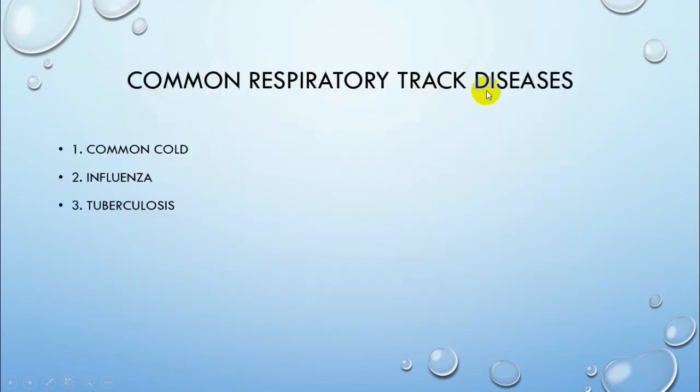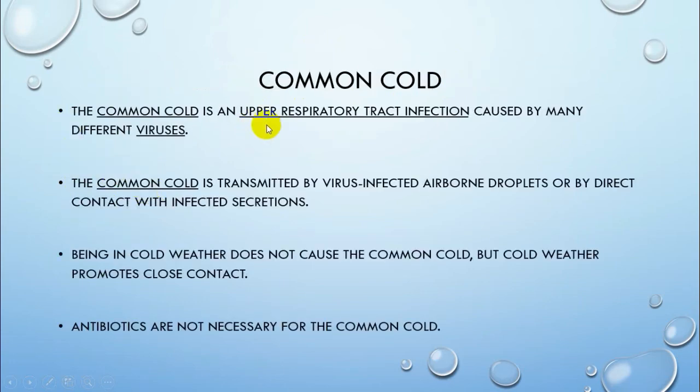Common respiratory tract diseases. We're going to talk about three diseases: common cold, influenza and tuberculosis. Let's start with the common cold. It's an upper respiratory tract infection. It's a viral disease, which means a virus is the main cause of the common cold, and it can be transmitted from one person to another through infected airborne droplets, or by direct contact with infected secretions.